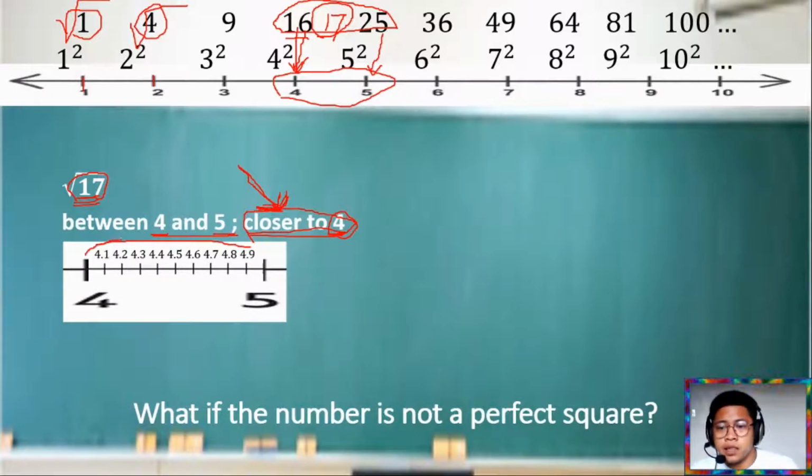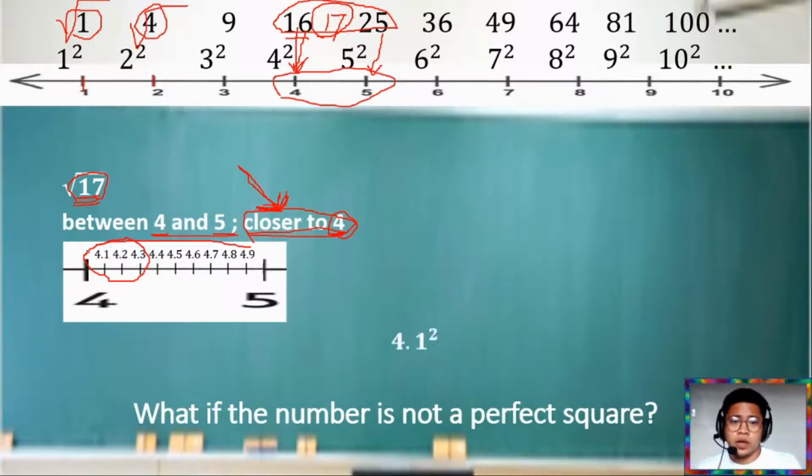So, maybe that is 4.1, 4.2, 4.3. Pwede din naman 4.4. So, yan, yung number na closer to 4 that is between 4 and 5. Malapit sa 4, pero nasa pagitan ng 4 and 5. So, yan ang gagamitin natin to estimate the square root of 17.